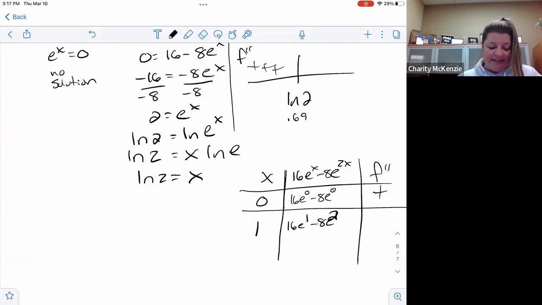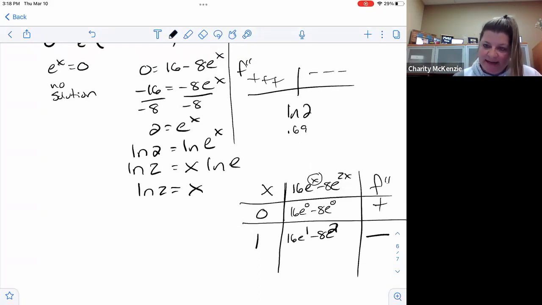So when I put it in, 16 e to the first for this one here, right? And then minus 8 e to the 2 times 1 is 2. And then that gives me a negative. Phew. I was like, I don't have the right answer.